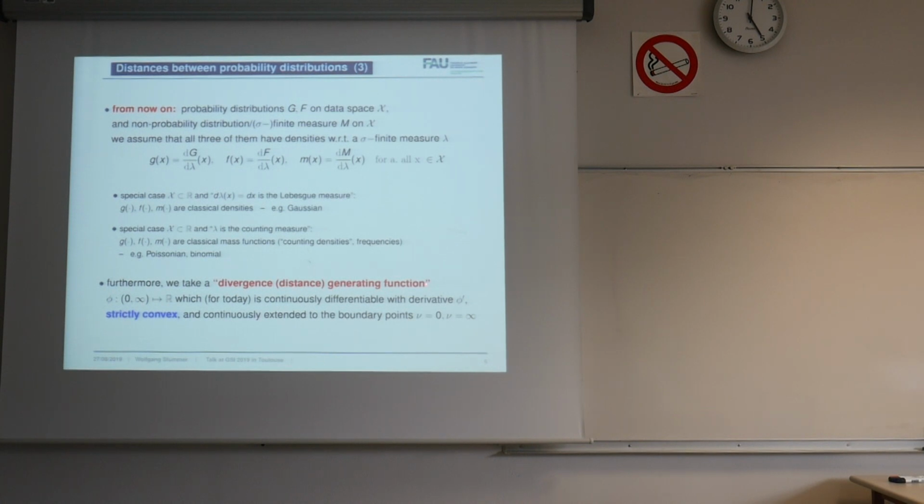So, as already in Frank's talk, and also in the talk of Michel, we need a divergence generating function phi, which for today should be continuously differentiable, so we avoid these maybe practical problems here.